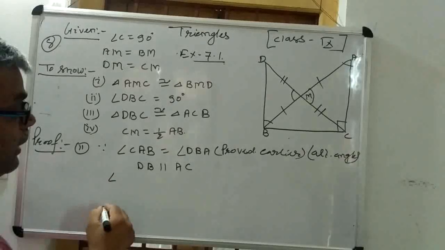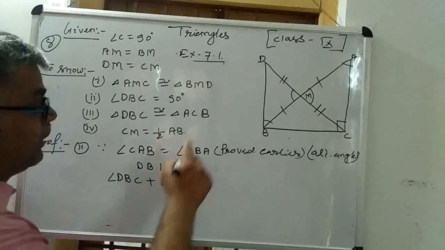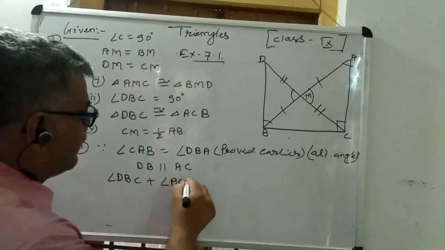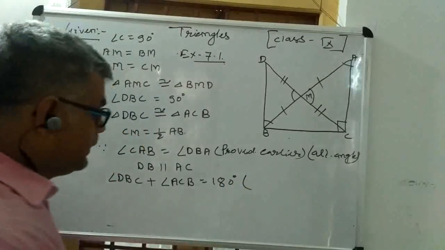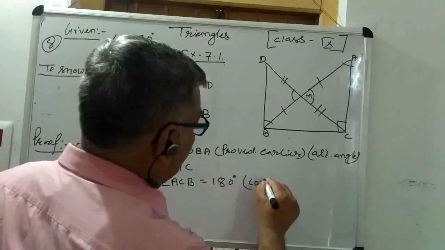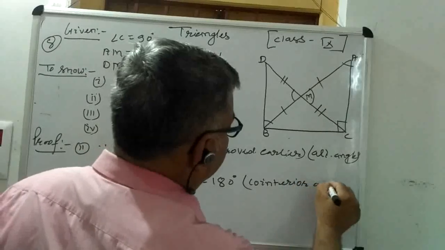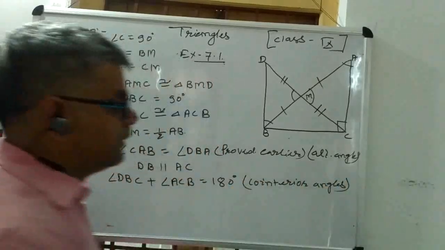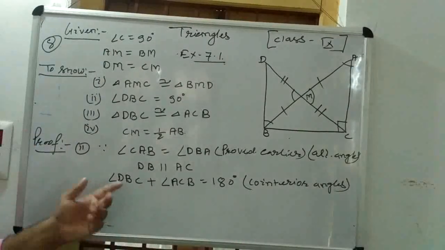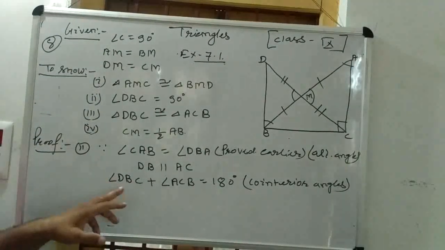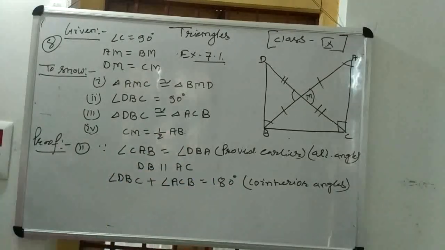So angle DBC plus angle ACB equals 180 degrees. That is co-interior angles. And we know that the sum of co-interior angles is always 180 degrees. So we write here angle DBC plus angle ACB is equal to 180 degrees.